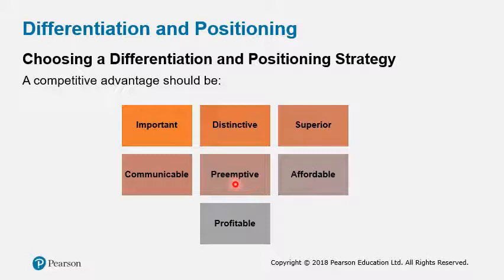So it has to be difficult for your competitors to follow or to copy your strategy. Next, it has to be affordable for you to do that. Not affordable in a way that it is cheap for the customer, but affordable in a way you can afford to do it. Of course, it has to be profitable.